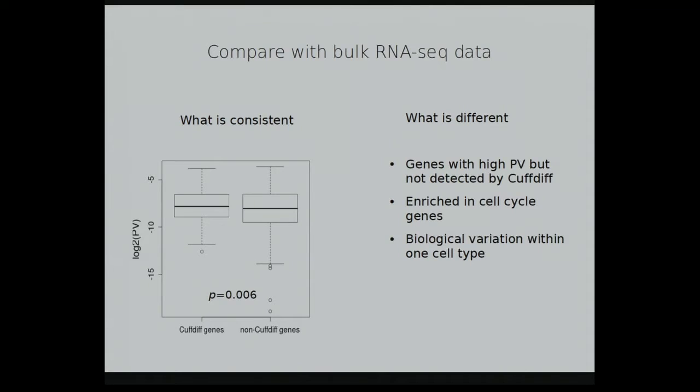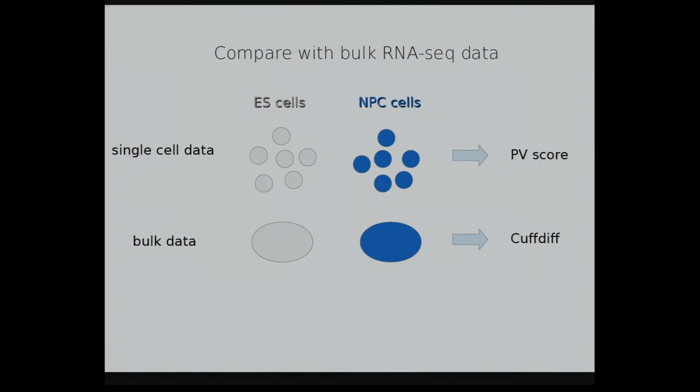But then what are the genes which have high PV but are not detected by CuffDiff? Because we have two cell types, CuffDiff would be able to find those genes whose alternative splicing is caused by differences between the two cell types.